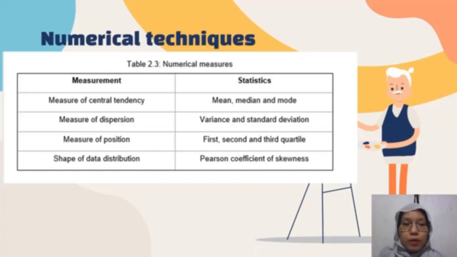For the measure of dispersion are variance and standard deviation. Measure of position are first, second, and third quartile. And lastly, for the shape of data distribution, the statistic is Pearson coefficient of skewness.